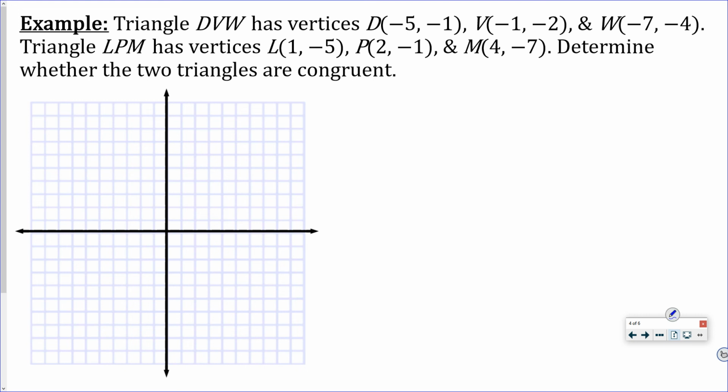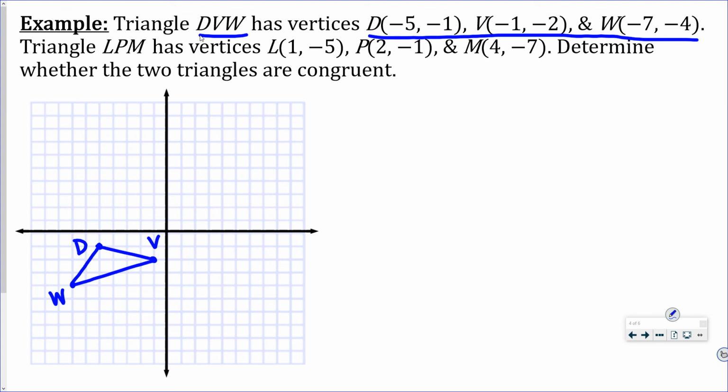I will do triangle DVW. I'm going to do that one in blue. So -5, -1. That's point D. -1, -2. That's point V. And -7, -4 is W. So there's that triangle.